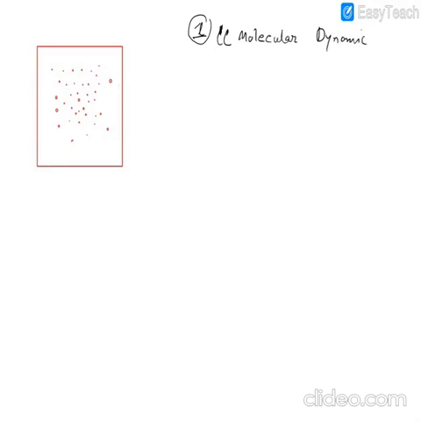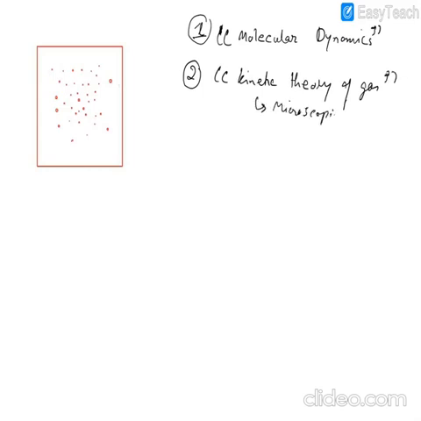Then we saw another method where instead of tracking or simulating each molecule, we consider a group of molecules using statistical description. That's what the kinetic theory of gas is, which is a microscopic approach.